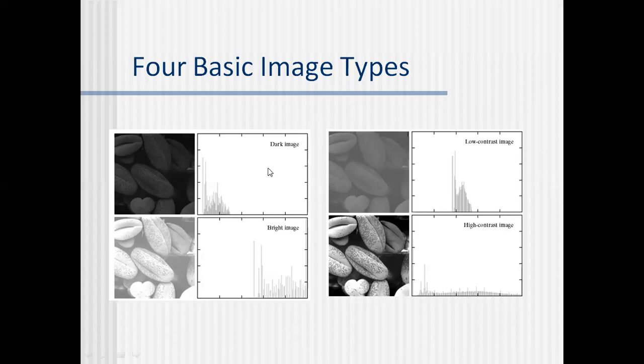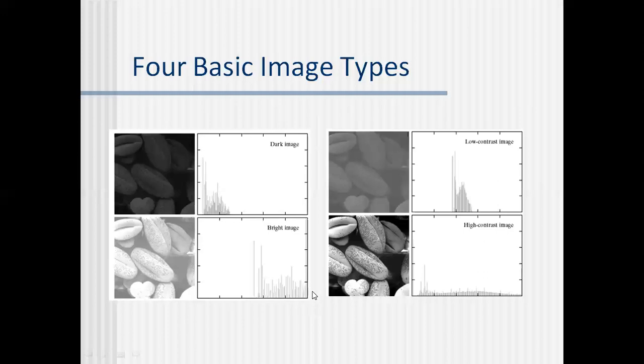One is the dark image. In a dark image, all the histogram bars are on the left side. Whereas in the bright image, all are towards the output end, which is nearer to L minus 1. I forgot to mention that at this point we have gray level 0, and at this point we have gray level L minus 1, the maximum gray level.